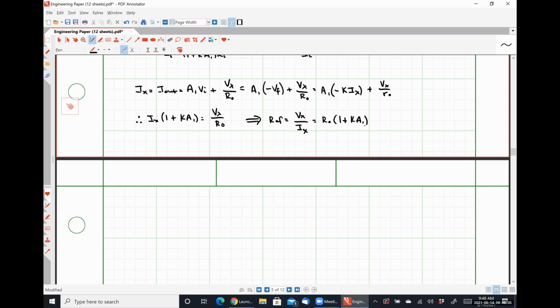So again, because we have a series connection at our output, we see that our output resistance is boosted as well. This is fundamentally different than what we had going on with our feedback voltage amplifier.